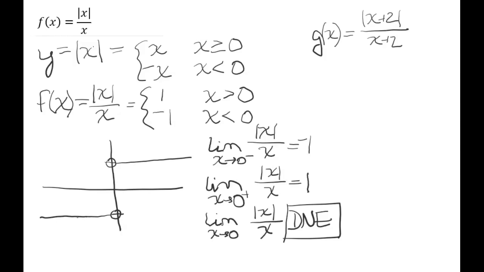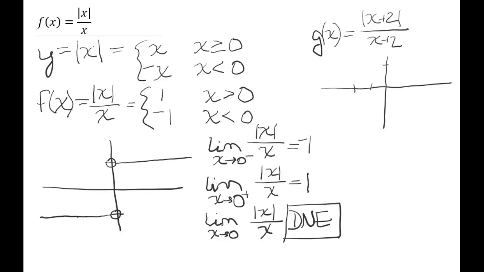The only difference is the interesting point isn't 0 anymore. It's what would make the denominator 0, which is -2. So the graph's going to look the same. If you think back to transformations of graphs, it's just moved 2 to the left.